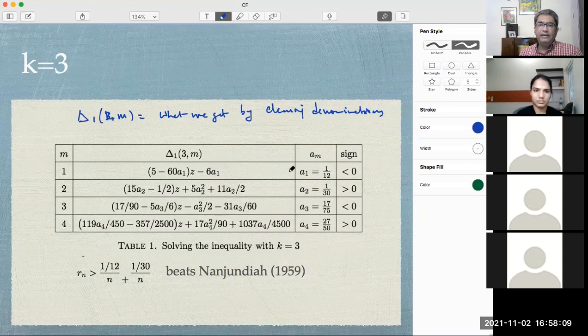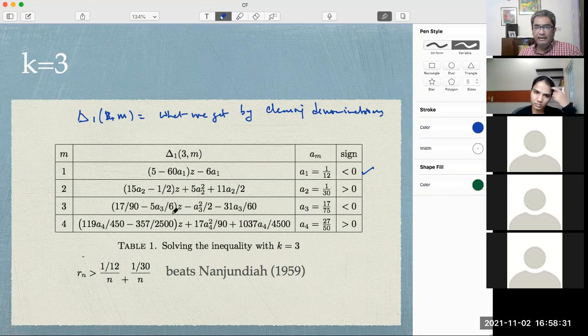And I calculated, again, I get A1 equal to 1 by 12, and the sign of the remaining terms is fine. So here it's 5 minus 60 A1. If I put A1 equal to 5 by 60, I get 0, and that's 1 by 12. Similarly, here I get 1 over 30, this time a little different from 1 over 18.